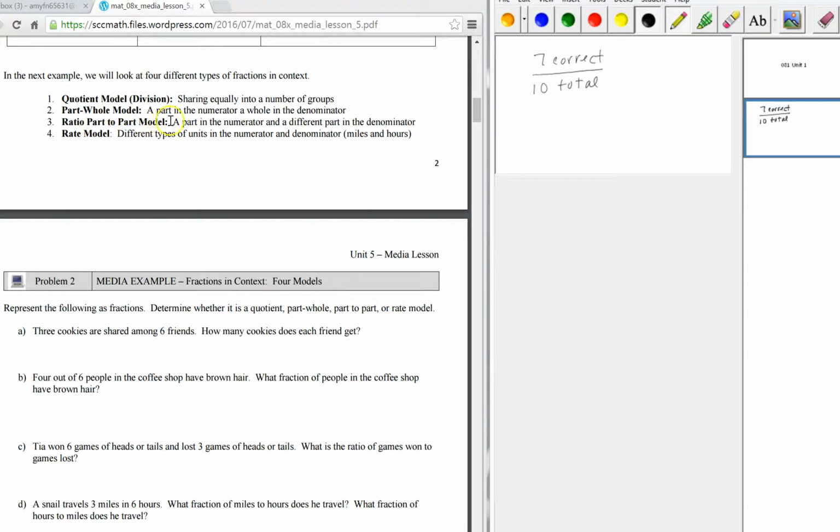Now we have a part-to-part model. So maybe we want to do 7 correct questions to 3, I'll write wrong because it's shorter than incorrect. Okay. And notice we could also write a part-to-part ratio in the other direction, 3 wrong to 7 correct.